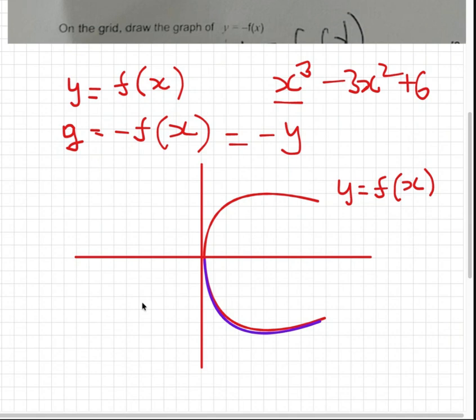So what does y equal to minus f(x) mean? It simply means reflecting all the y points on the x-axis, because for the same value of x, if f(x) was here, then minus y will be somewhere here. For this value, it will be somewhere here. For this value, somewhere here. So it is simply the reflection on the x-axis.